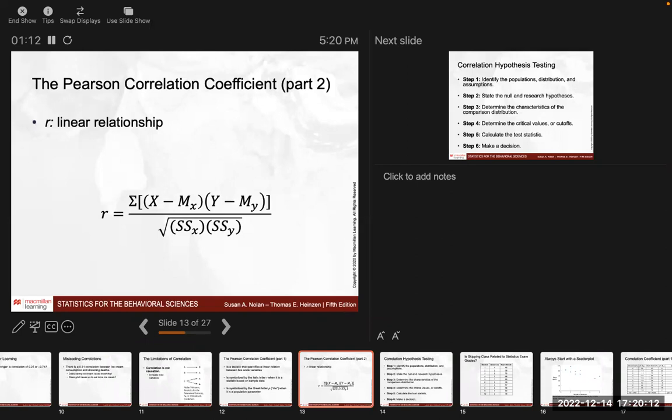So this sum of products of the deviations divided by the square root of the sum of squares of both x and y gives you a mark of the variability and allows you to essentially quantify the strength of the association.